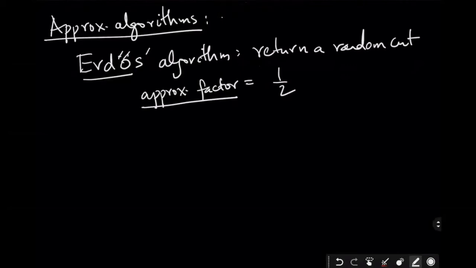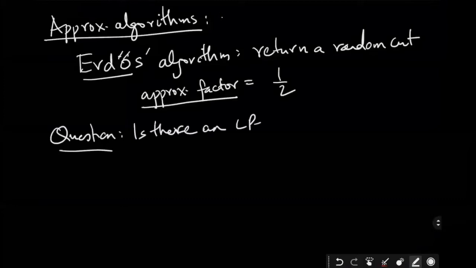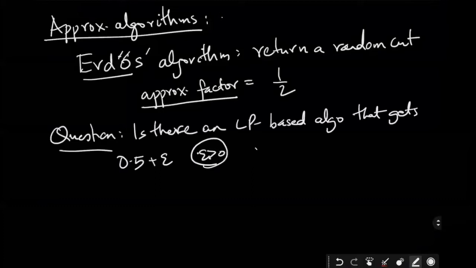So people worked long and hard on designing linear programming based algorithms for max cut. The question was, is there an LP based algorithm that gets a 0.5 plus some fixed constant approximation for max cut?